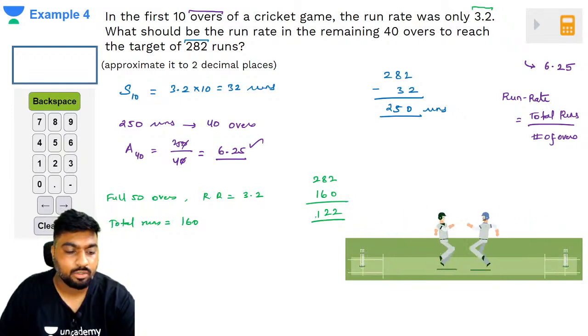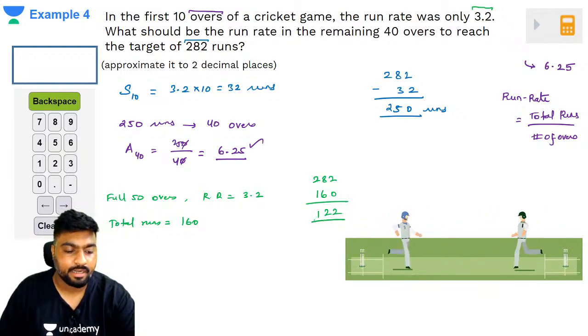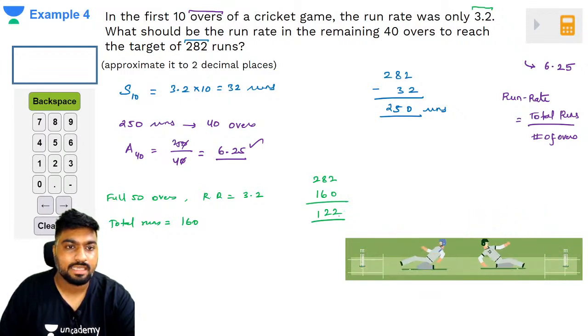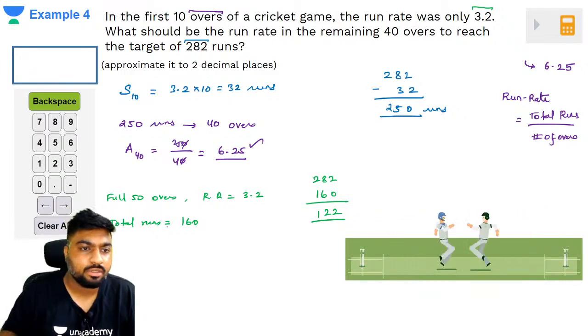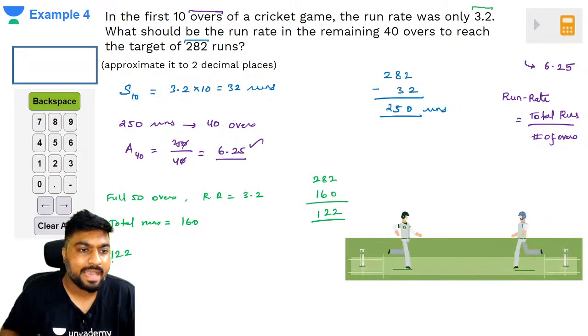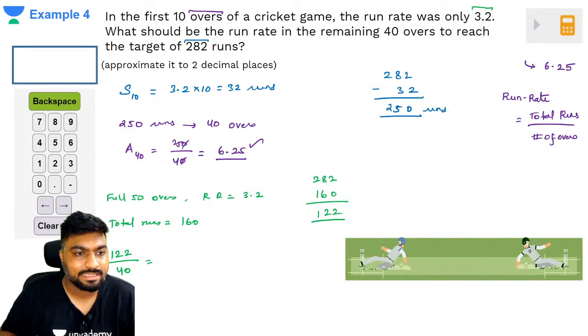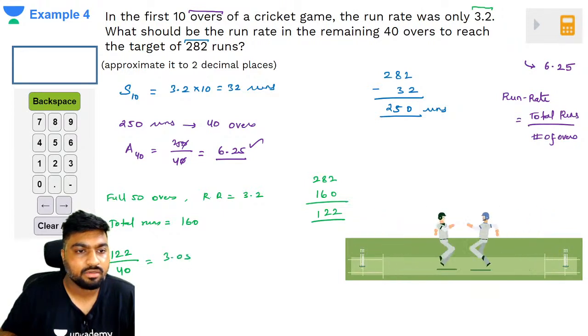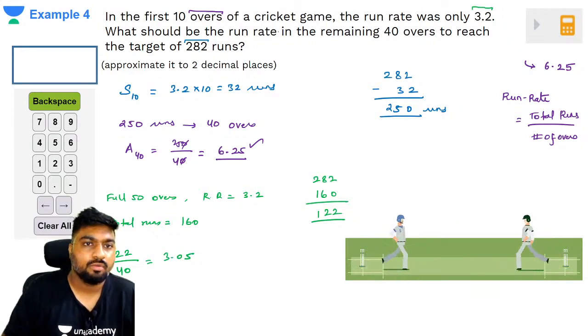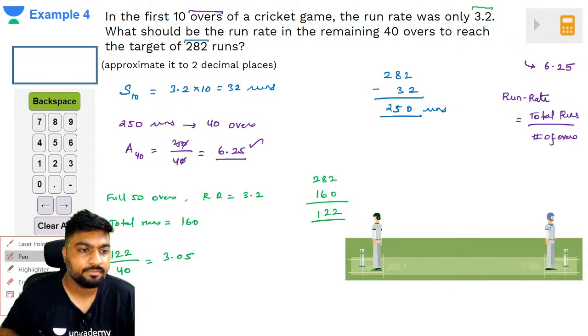Remaining 122 runs कम पड़ रहा है. Do you agree with this? Yes or no? Remaining 122 runs क्या हो रहा है? कम पड़ रहा है. So this 122 runs, if I were to balance it off in the 40 overs, this will be how much? 122 by 40, 3.05. तो पहले से 3.2 तो था ही.